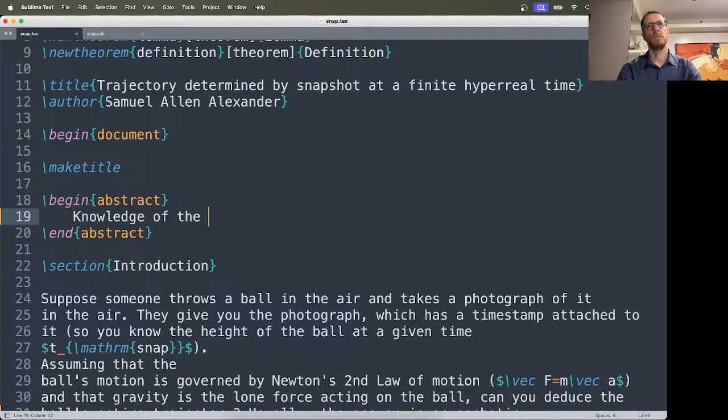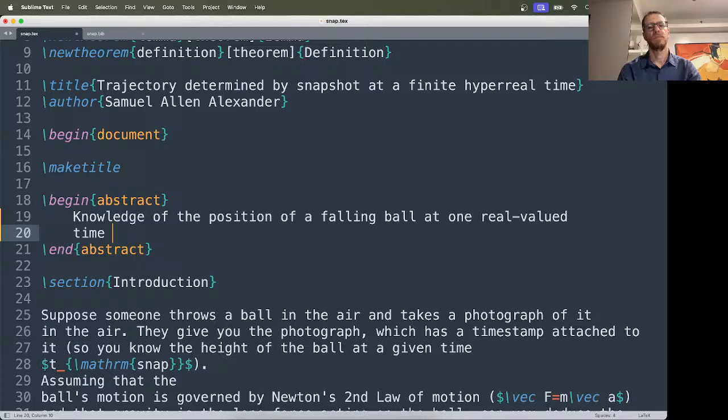Knowledge of the position of a falling ball at one real valued time.